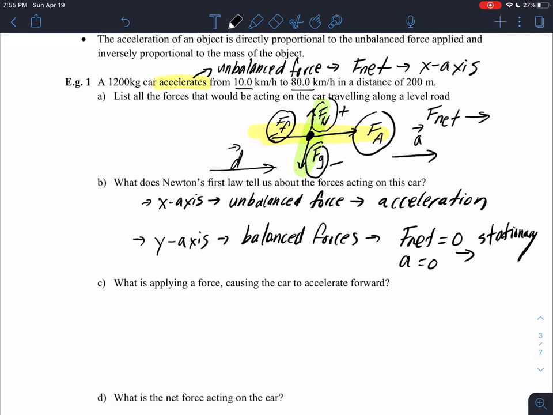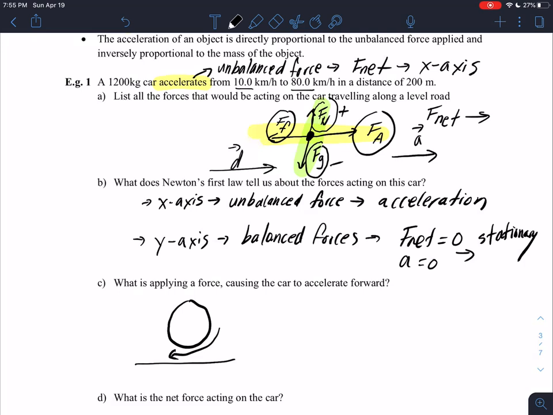But what's actually happening is that the engine is causing the car's tires to rotate. And as the car's tires rotate, they actually push backwards against the ground. So if we want to be really technical and specific, we have an action-reaction relationship going on here.